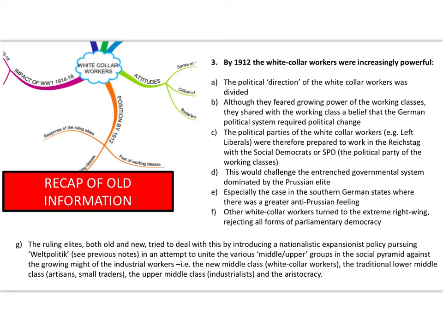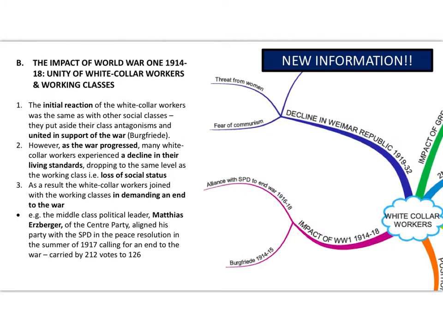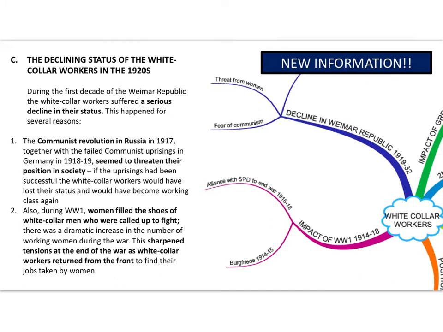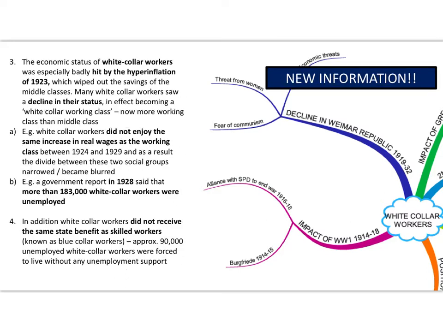The point there about them becoming increasingly powerful before World War One with the growth of industry, and then the impact of World War One, and then their declining status, even though their numbers were increasing as we moved into the Weimar era.